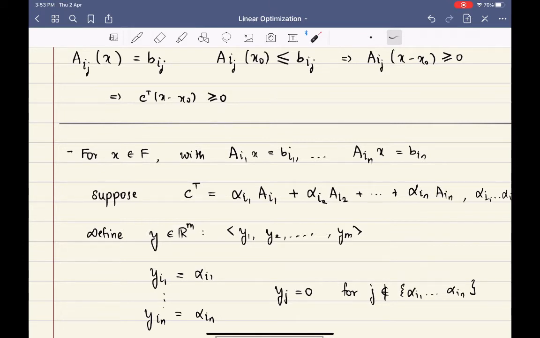Note that m is bigger than or equal to n. In our case, here we have n, and then there are some other rows which were untouched. Now you define an m dimensional vector as follows. So put yi1 to be alpha i1, yi2 to be alpha i2, yin to be alpha in, and yj to be 0 for all the rows that were not selected.